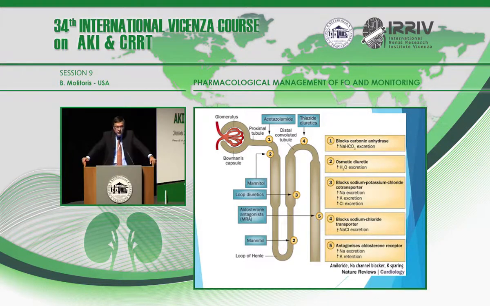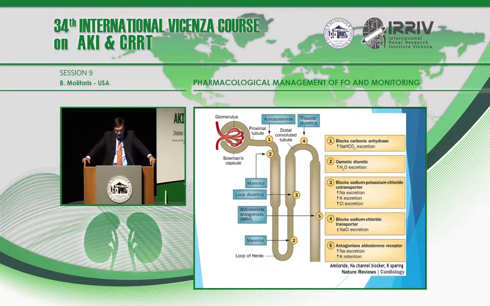It was shown a number of years ago by David Ellison in some elegant preclinical studies that with use of loop diuretics, there's hypertrophy and increased sodium channels and sodium-potassium ATPase in the distal tubule, such that the inability of your loop diuretics to work is due to overriding sodium reabsorption distally.